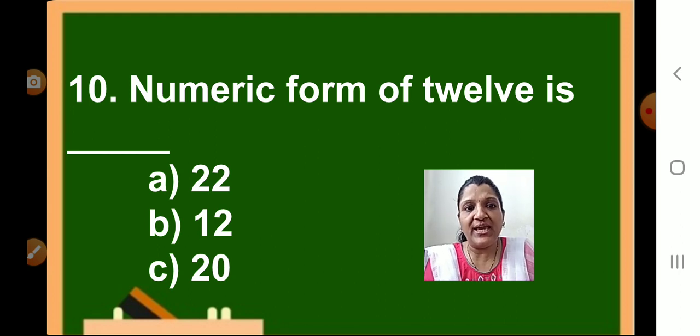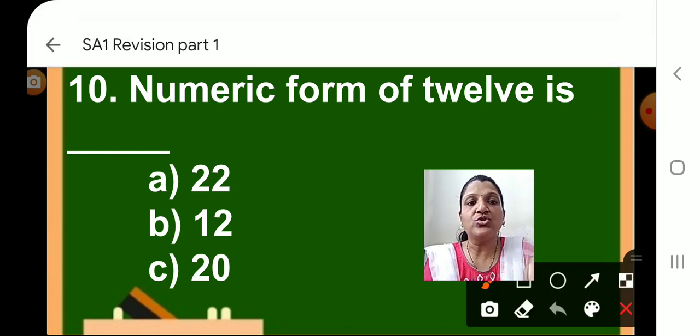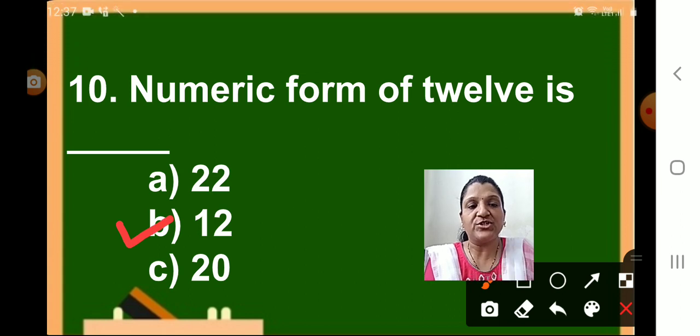Yes, option B, 1, 2, 12. So numeric form of 12 is 1, 2, 12. So we have to choose the correct option. Tick the correct option. Have you understood this? Let's move to the next question.